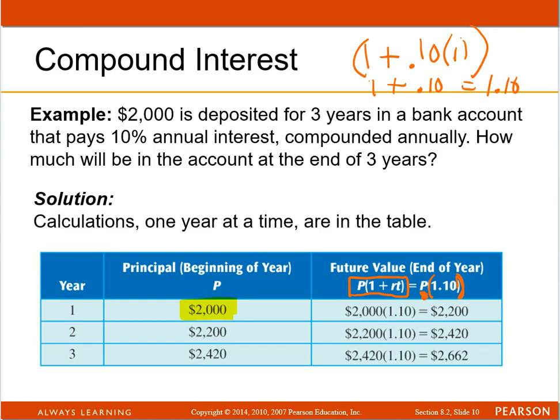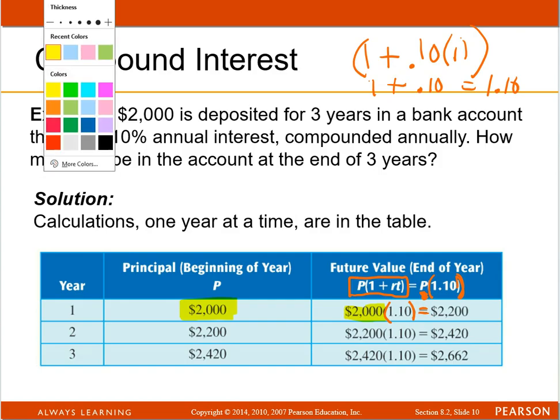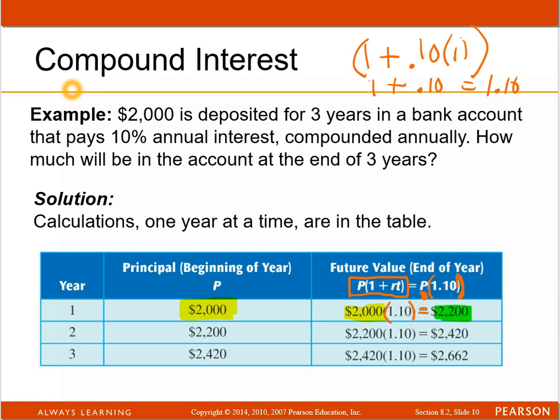See, on simple interest, it wouldn't change. It would just be whatever you had from the beginning, and that's it. But when they do it this first time and they get $2,000 times this 1.10, that ends up equaling, I'm gonna go bright green, $2,200. At the beginning of the next year, your account now has $2,200.